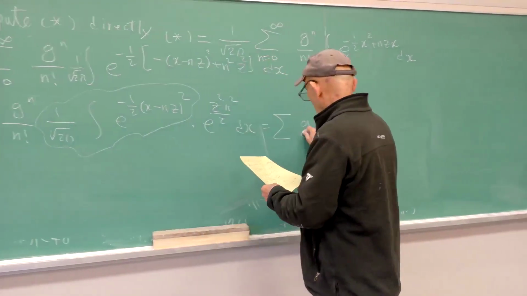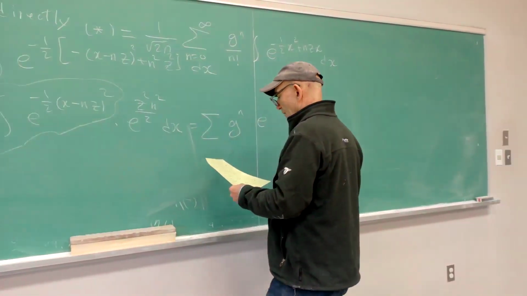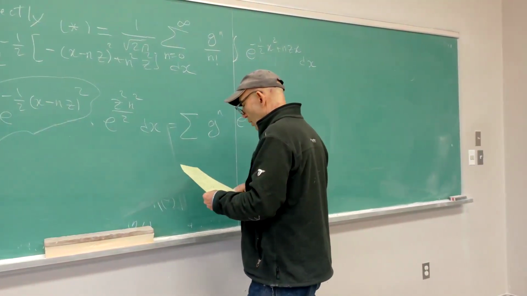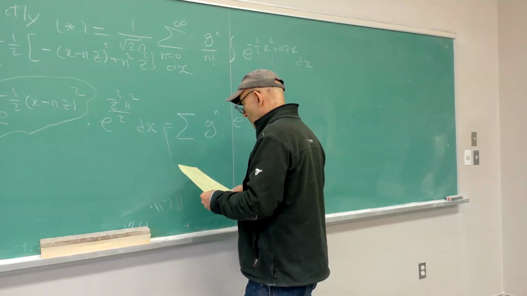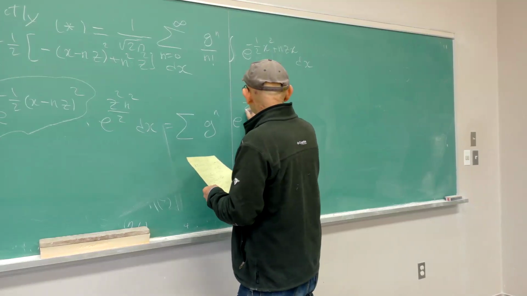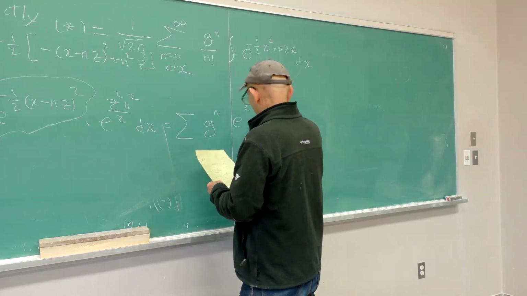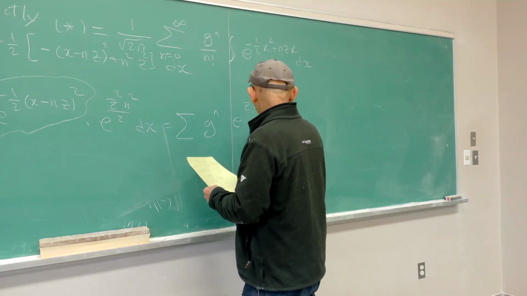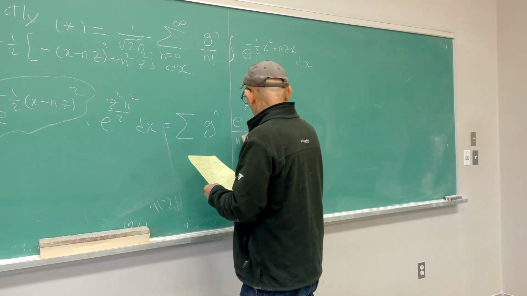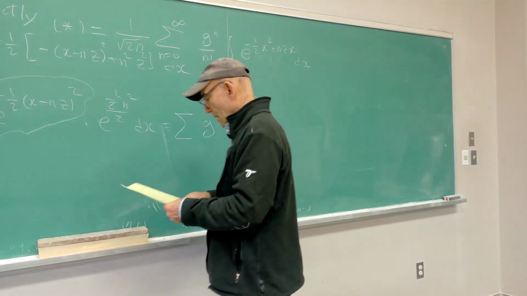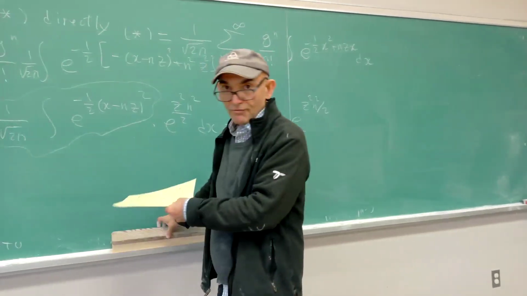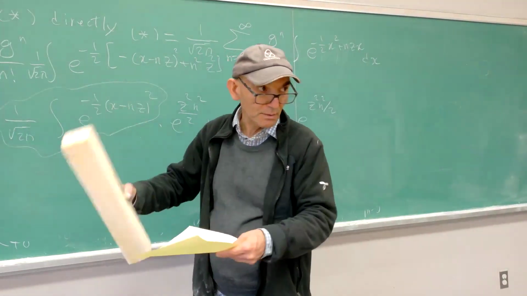So then this becomes equal to sum gn exponential of z squared n squared over 2, divided by a factor. So then we have to put Feynman's result in this calculation to match them.